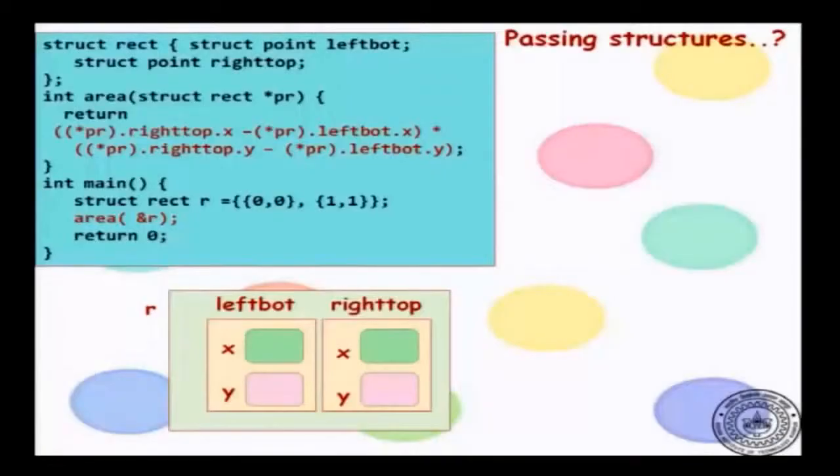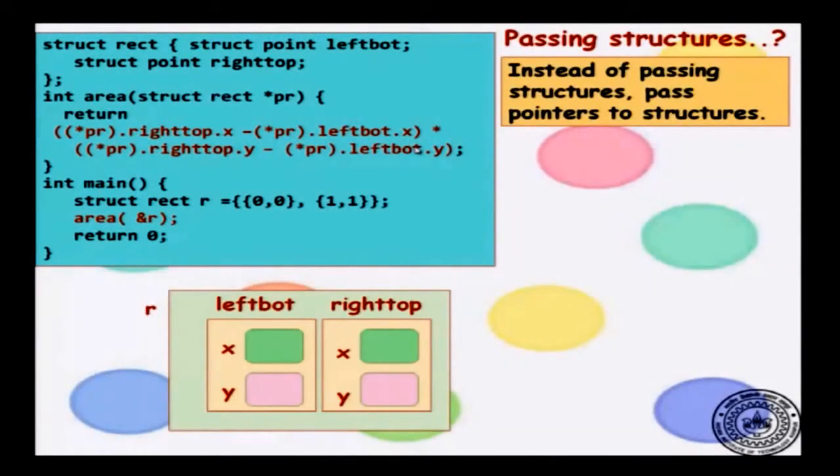Using the star operator. This is the same as addressing any basic data type. You would say that star pr would be the variable in that location. So, in this case star pr would be a struct rect, and that struct rect dot right top dot x minus star pr dot left bot dot x and so on.